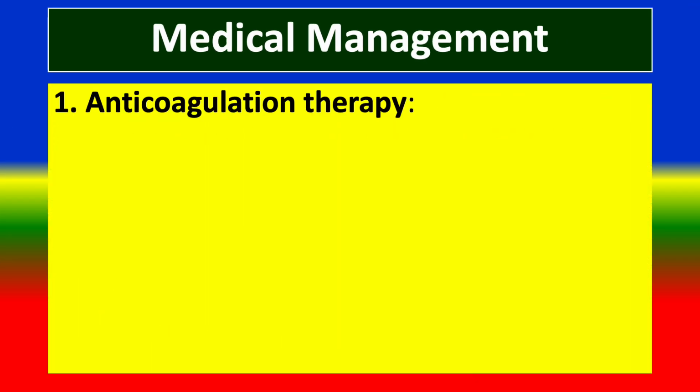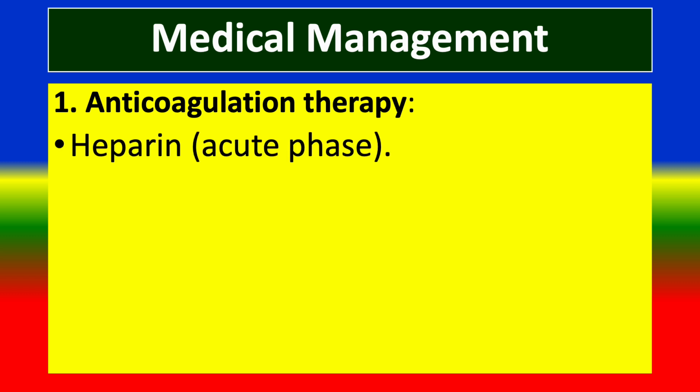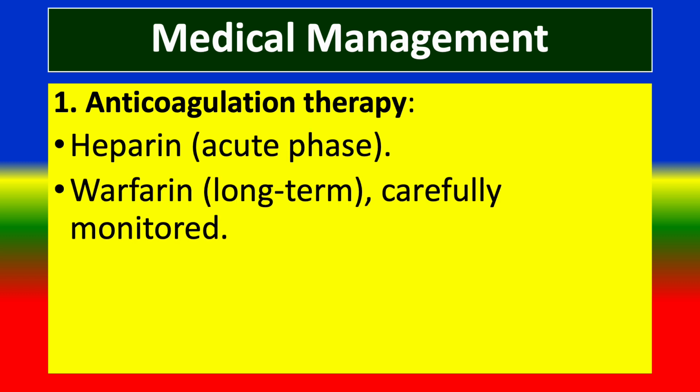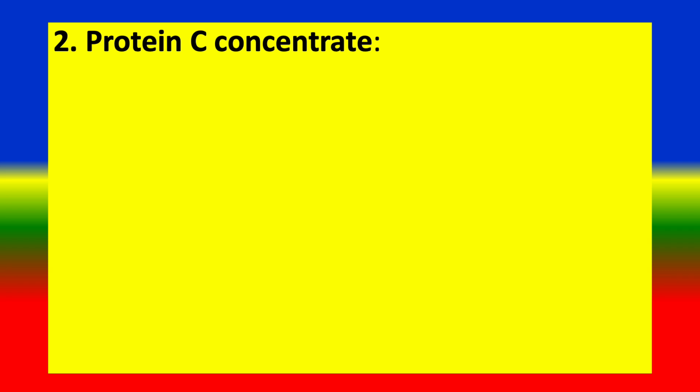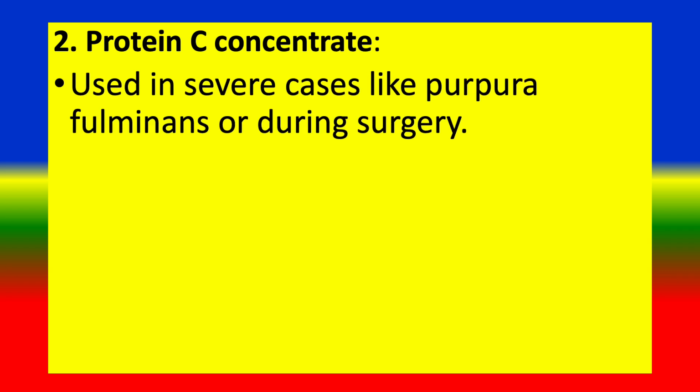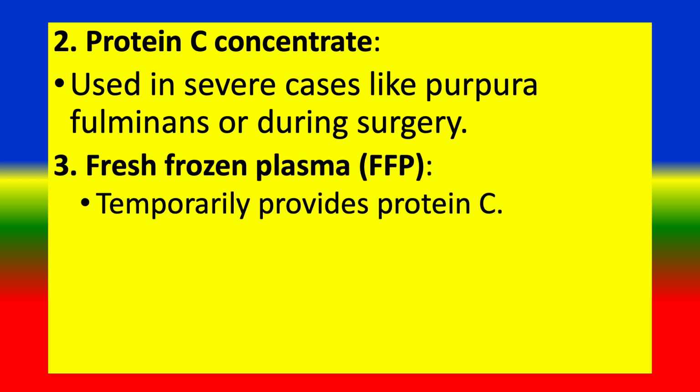Medical management. 1. Anticoagulant therapy: heparin, warfarin, carefully monitored, direct oral anticoagulants in some cases. 2. Protein C concentrate, used in severe cases like purpura fulminans or during surgery. 3.